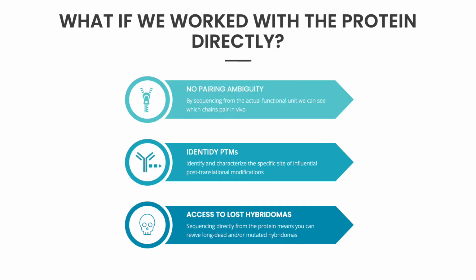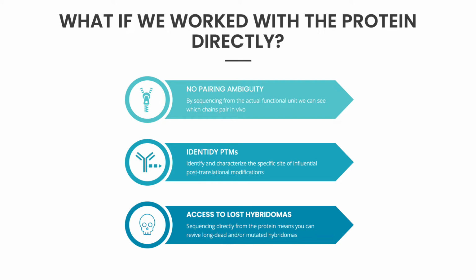Now, what if we actually work with the proteins directly? After all, it's the proteins that are doing the actual work, so it seems like a reasonable assertion. If we can work with the proteins directly, then it sidesteps a number of the issues and even provides some additional beneficial information. First of all, there's little to no ambiguity in terms of the chain pairing.